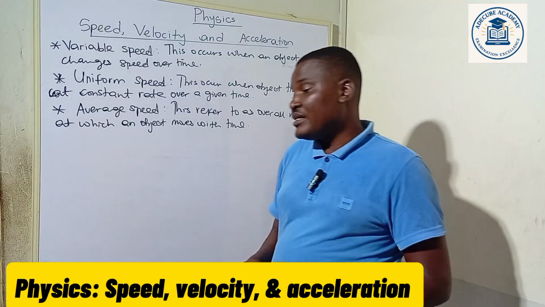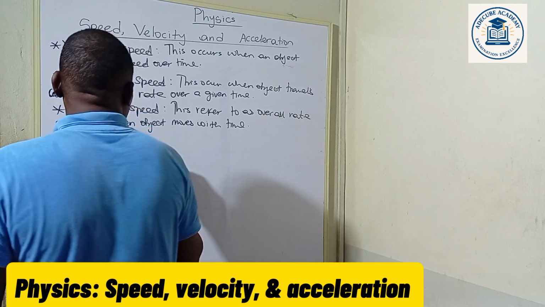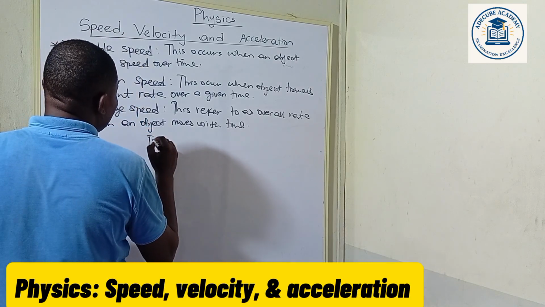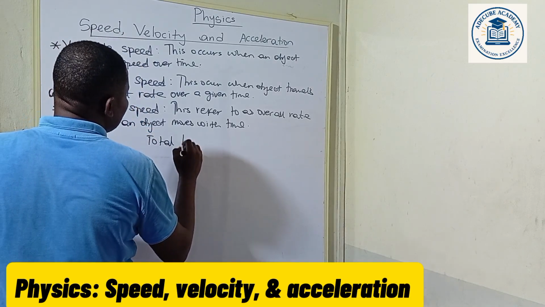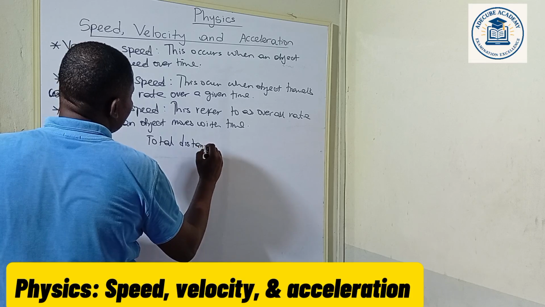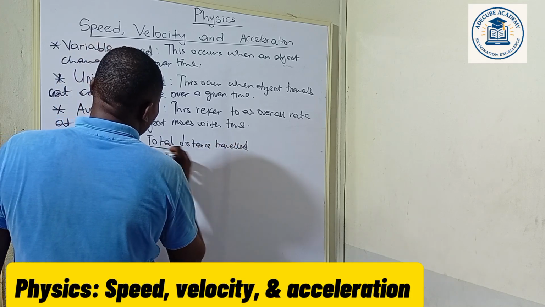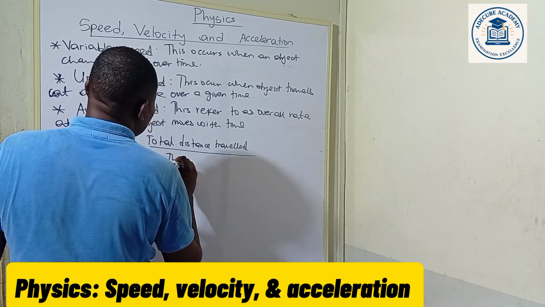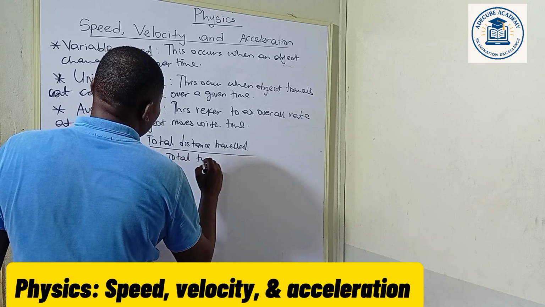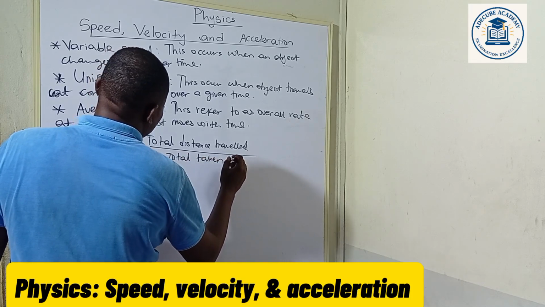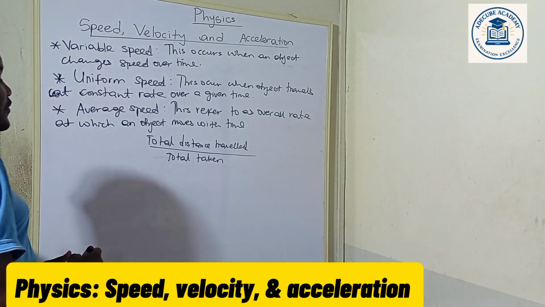Average speed is calculated by total distance traveled divided by total time taken. So that's average speed.